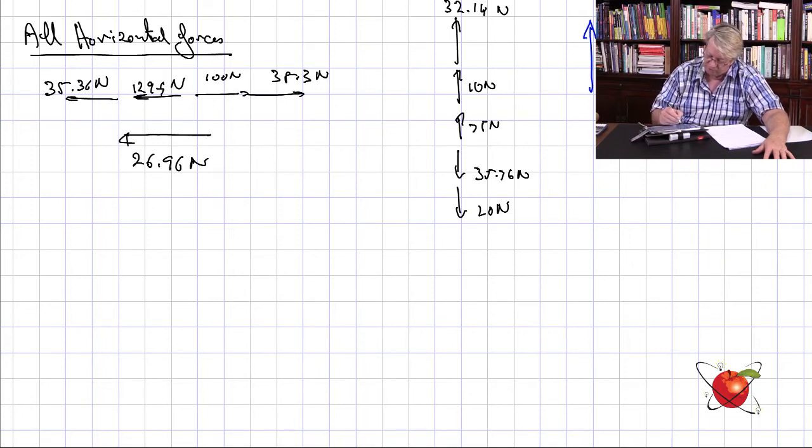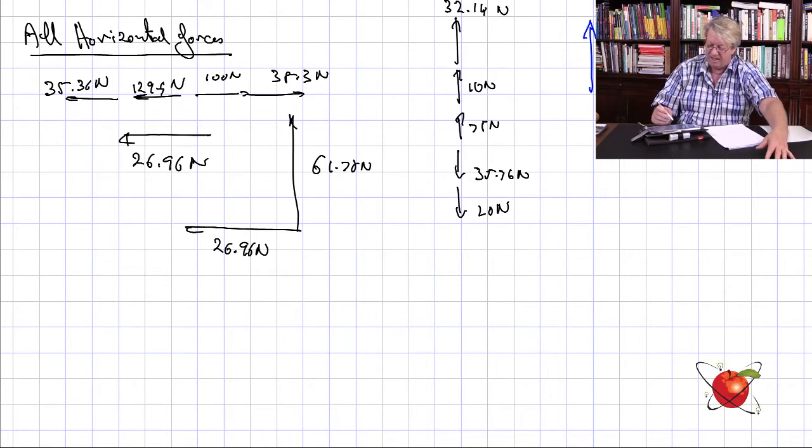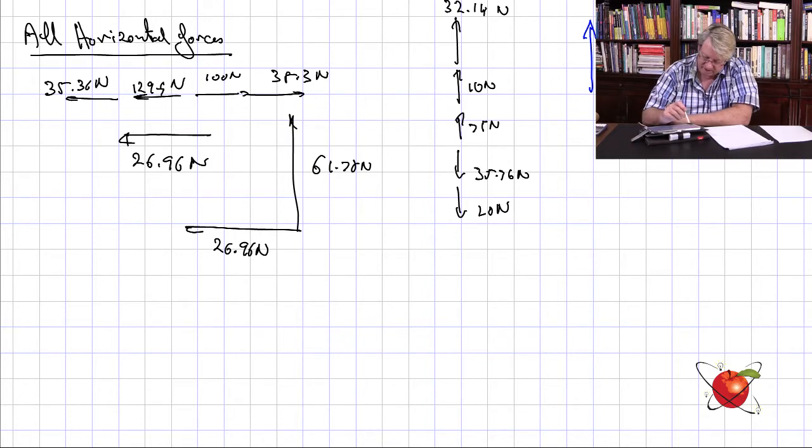So we've got 2 forces, haven't we? We've got 2 forces like that. 61.78 newtons and 26.96 newtons. Now we want to find the resultant, okay? And this is going to overlap a little bit, but please bear with me.